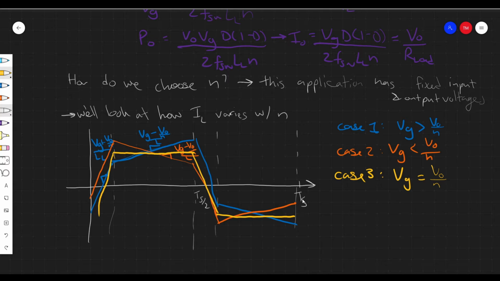Right? And this is the case that I want to use. Why would we want to choose N such that this happens? Well, basically, the hand-wavy answer is that this wave shape reduces the RMS current.